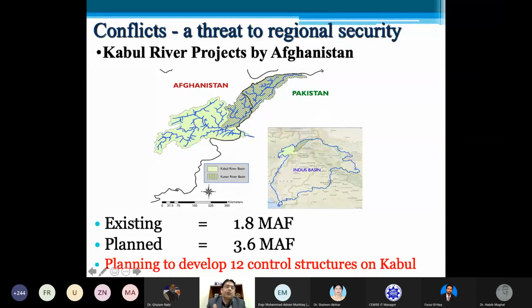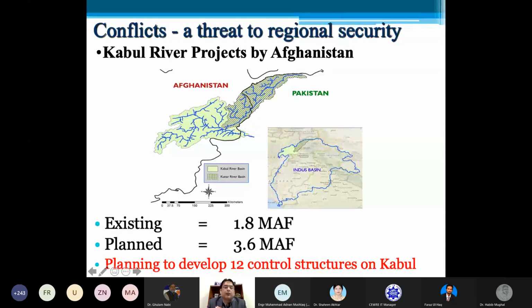And if we talk about the other side of the country, that is again the Kabul River Basin. The Kabul River itself adds a lot of flow to the Pakistani side, and a number of projects are being developed on the Kabul River that will reduce these flows.